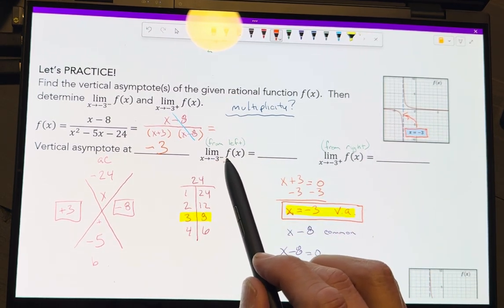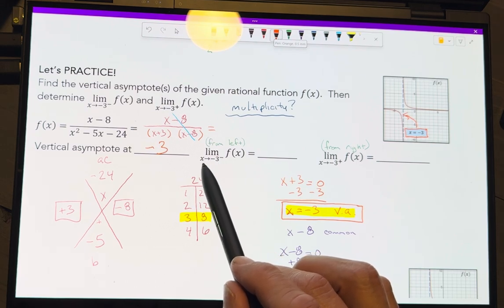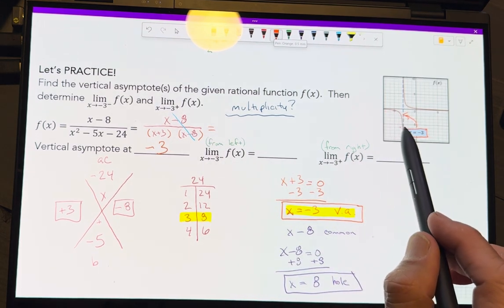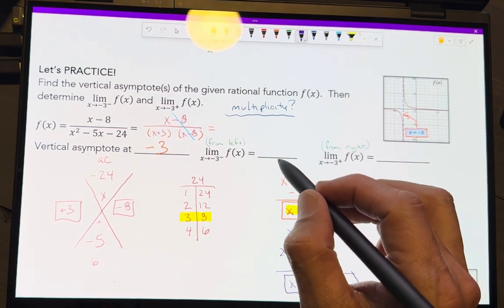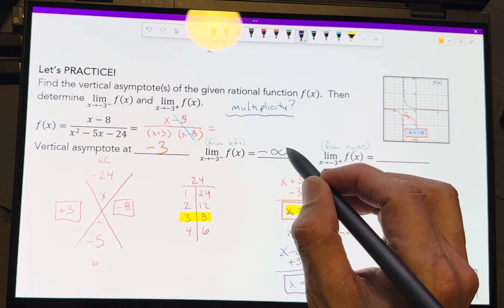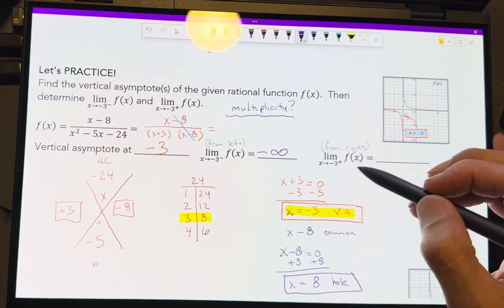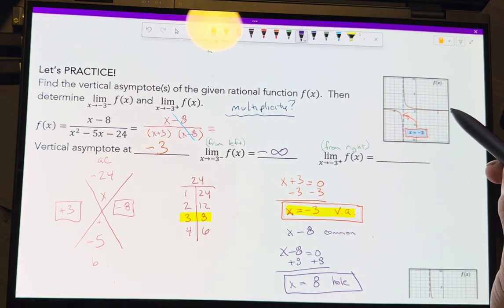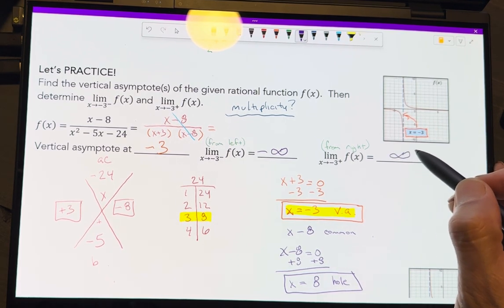The limit as x approaches -3 from the left, coming from -infinity, our y's go off into -infinity. So they keep coming down here and they keep going. Now the limit as x approaches -3 from the right, which is here, the function goes off into positive infinity.